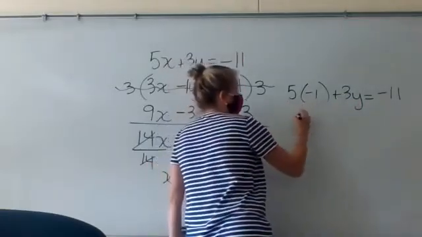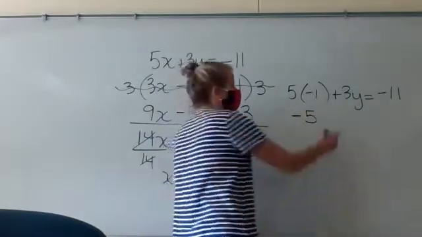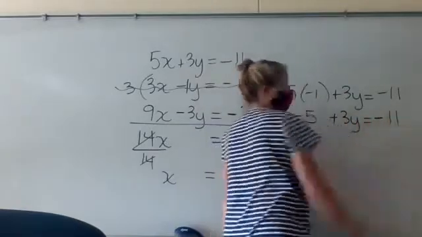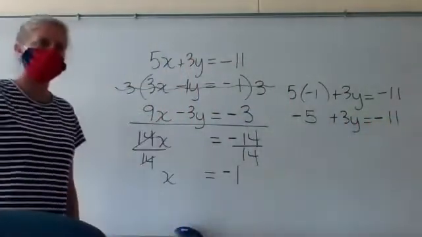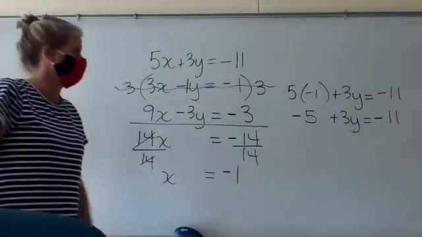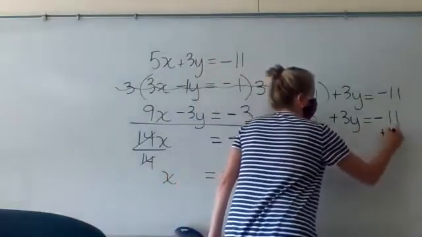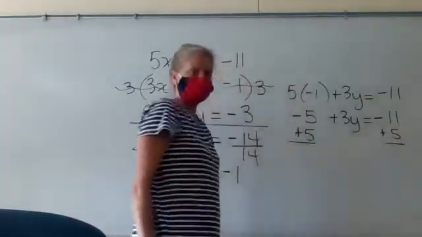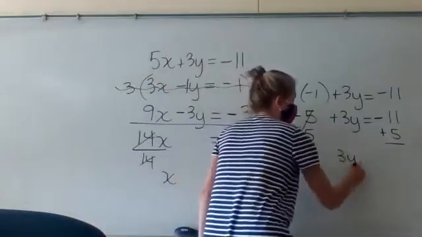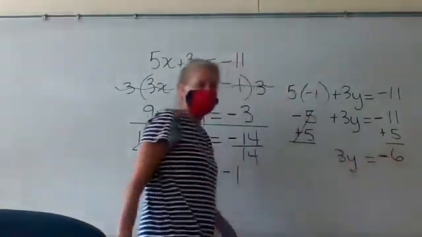5 times -1 is -5. Bring down my plus 3y equals -11. Solving for y, I need to get rid of the -5 with the +5. So y terms: 3y equals -11 plus 5, which is -6.